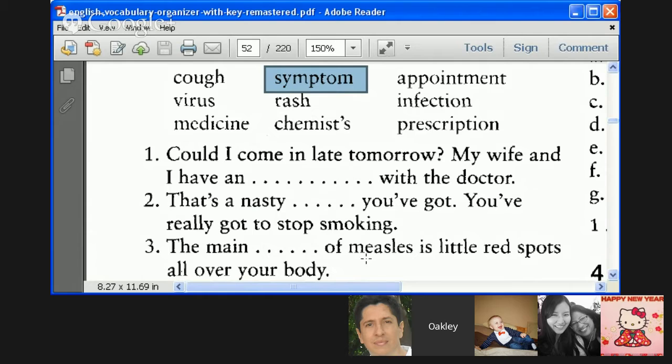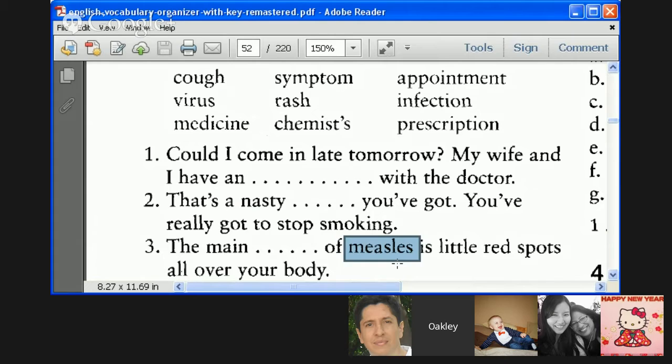Rolando, have you ever had measles before? Measles, yeah. I guess it's my first time seeing the word, but I associate it with a disease that almost everyone got.